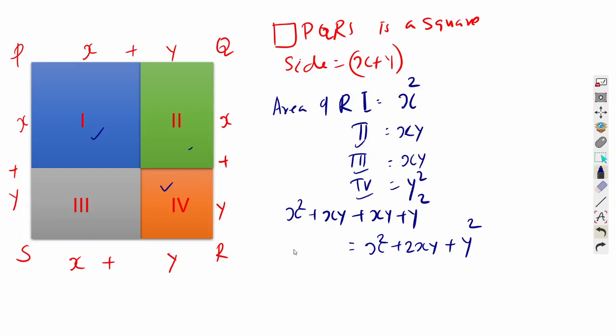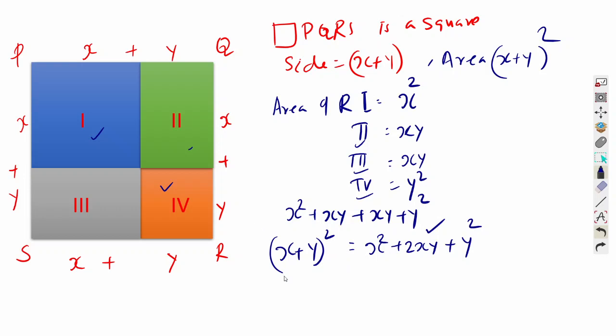What is it? Actually, the area of the square having side x plus y. So the area in that sense will be x plus y whole square, which we can directly calculate. This is also by calculating the area of separate rectangles in that. From this we conclude that x square plus 2xy plus y square is the expanded form of the expression x plus y whole square.